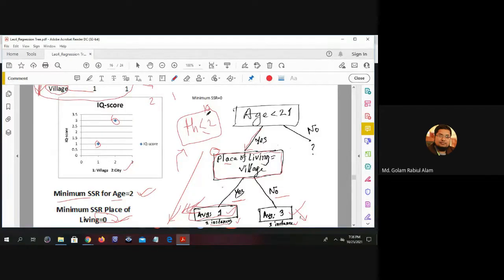So if we have 10 instances in a single node, we will stop and just use the average as the prediction. In this case, I just stop expanding here because I already reached my threshold of 2 instances.